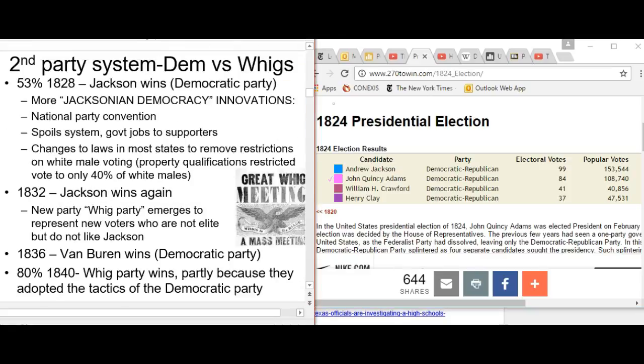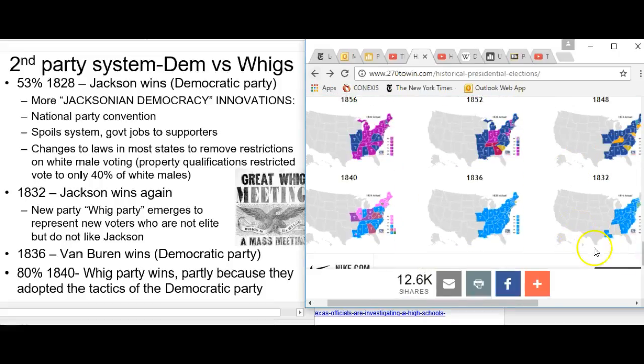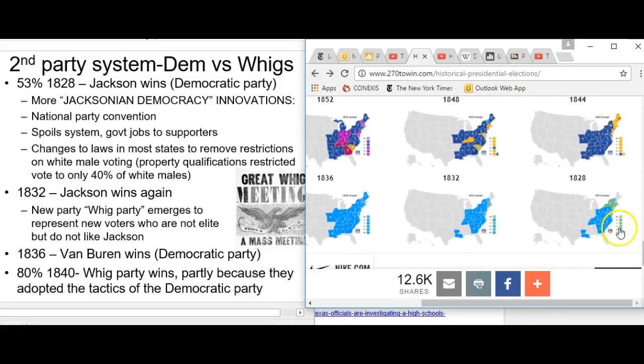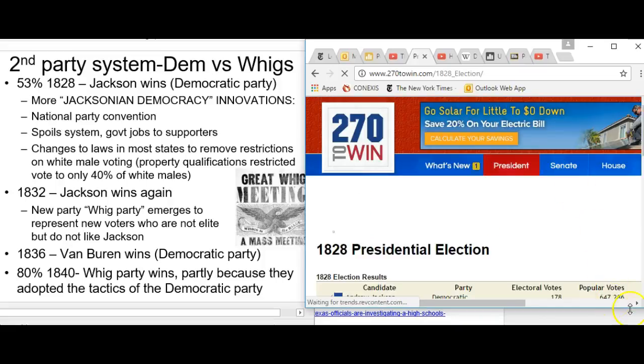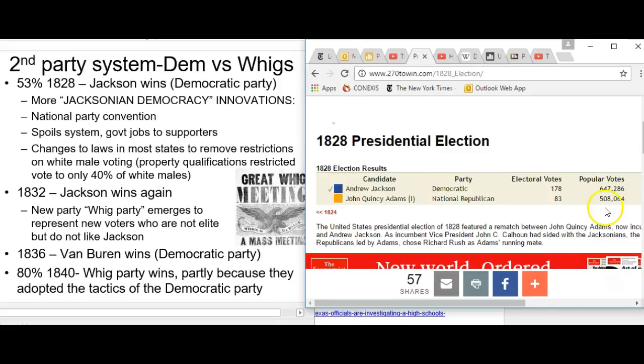Now, he ends up winning that election, and pretty handily. And when he wins, let me just show you this very quickly. You can see when he runs and he wins in 1828, the number of votes cast is almost 1 million.